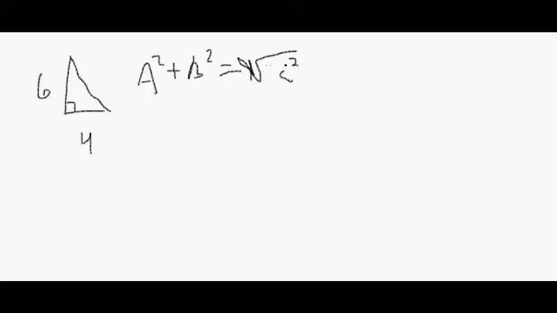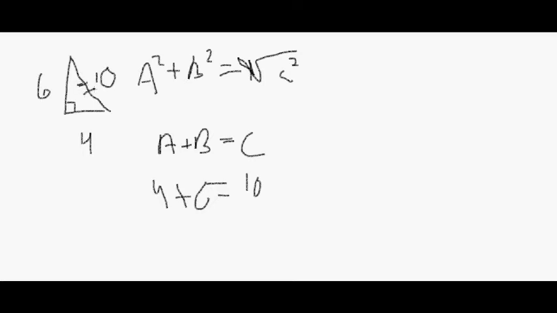But since there's nothing complex, we'll just do a plus b equals c. So that means 4 plus 6 equals 10. So that's 10. All we have to do now is add, since now we know what the hypotenuse is.